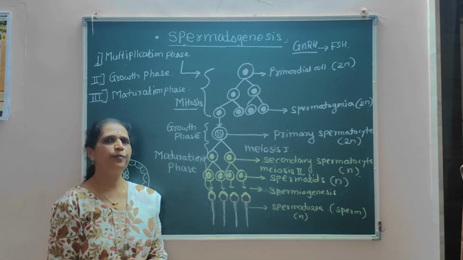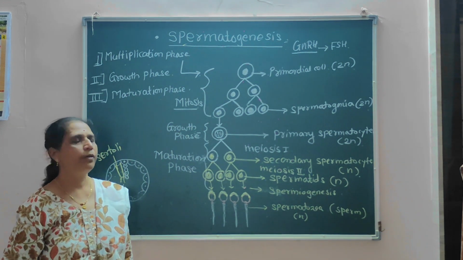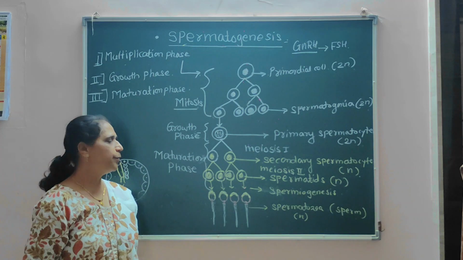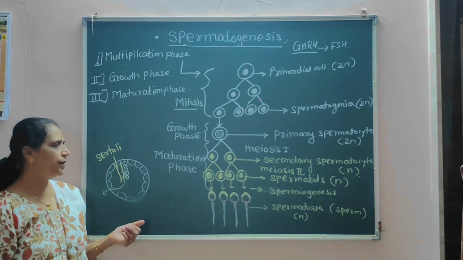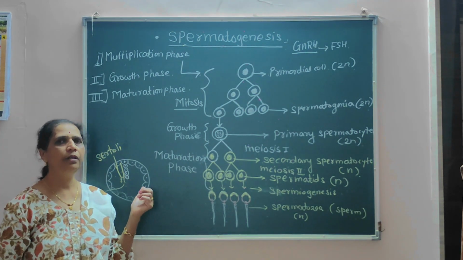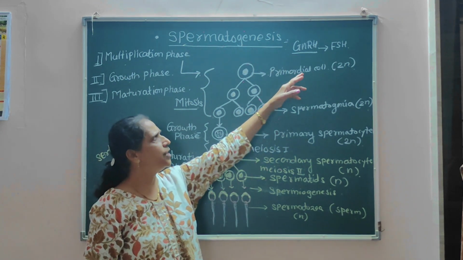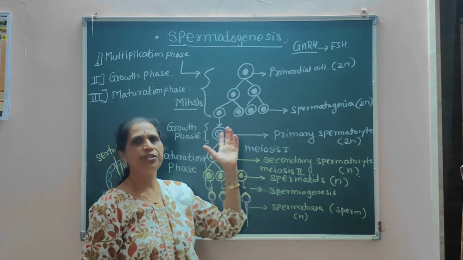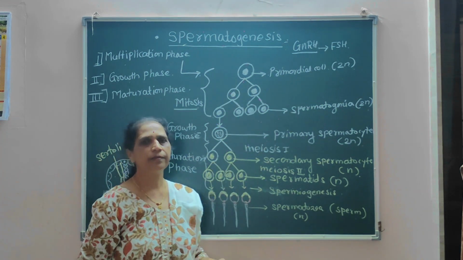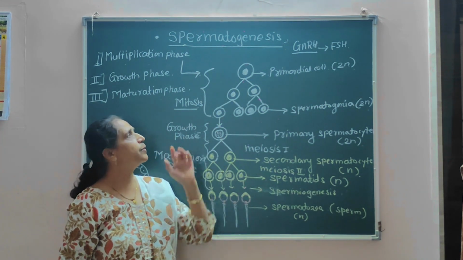This formation of sperm, which is essential for fertilization and provides the male gamete, takes place in the testes after maturity under the influence of GnRH and FSH hormone, which stimulate spermatogenesis. So here we studied spermatogenesis.